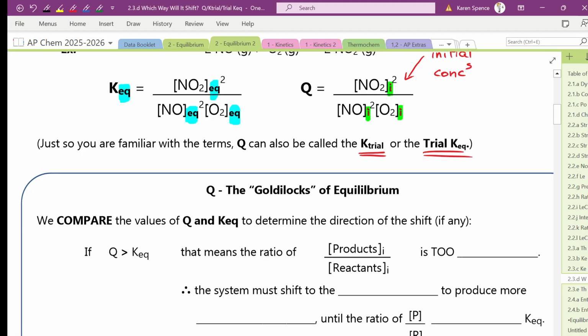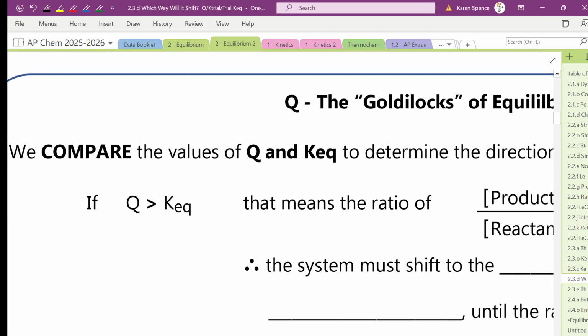And the moral of the story is that we have the thing that is too such and such, too big, too small, just right. And Q is the Goldilocks of equilibrium, because what we do is we take our value of Q that we calculate using our initial values, and we say, if our Q value is bigger than KEQ, that means that Q is too big.